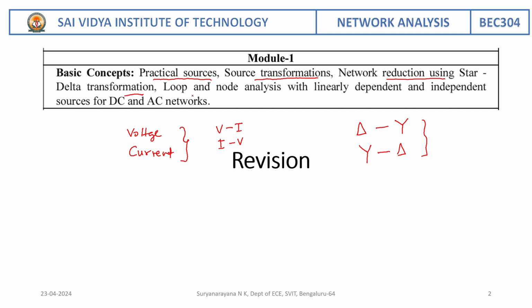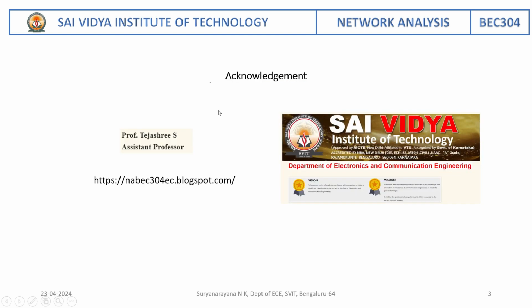So in this session, we work out some problems on loop and node analysis with independent and dependent sources with AC and DC networks. Please refer the notes that is shared in SPIT department blog. All the problems are explained from the notes that is displayed from the blog only.